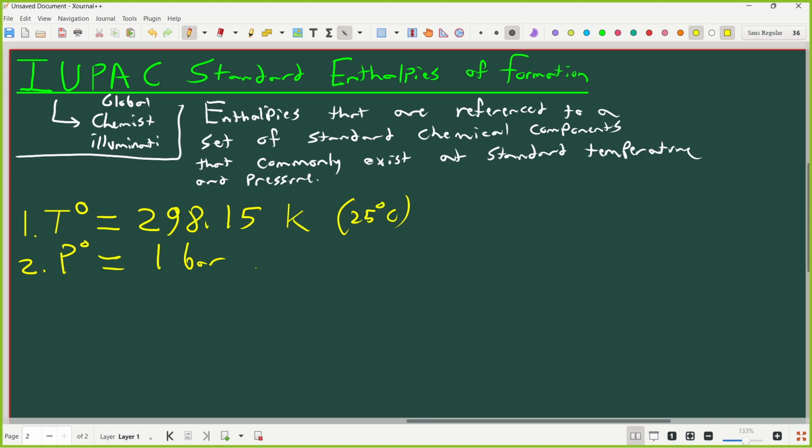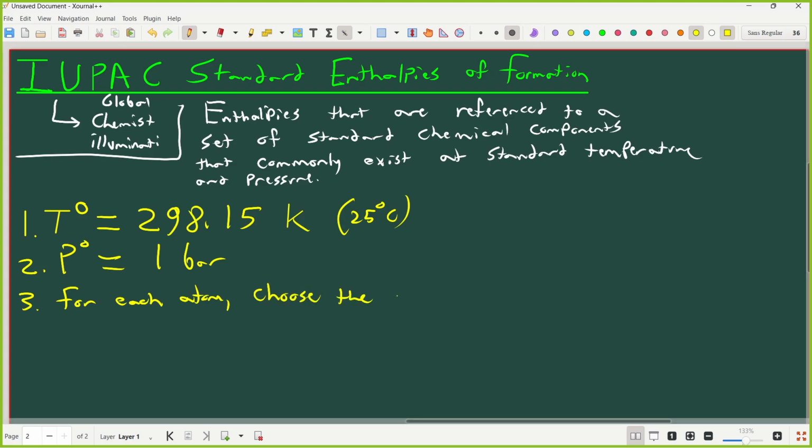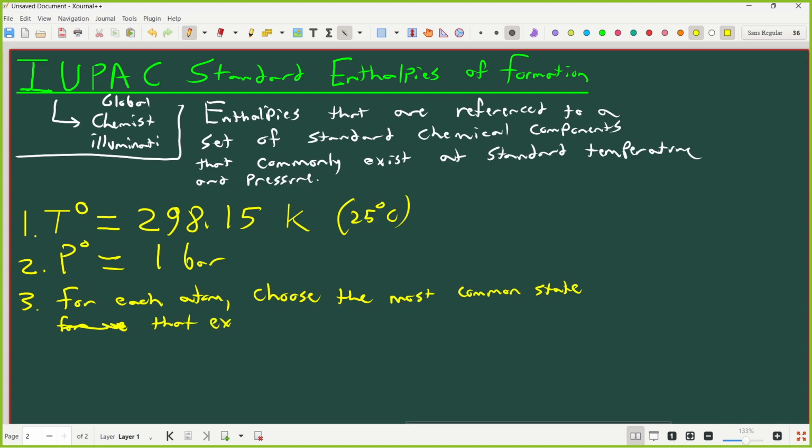So for each atom, choose the most common state that exists at T and P. And by state, I mean chemical state.